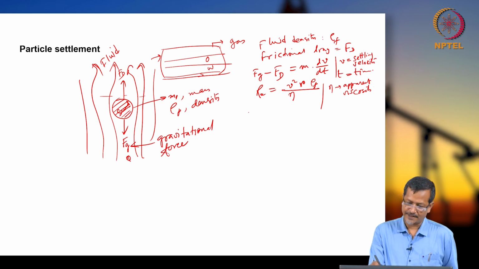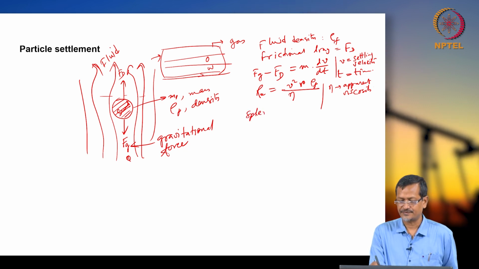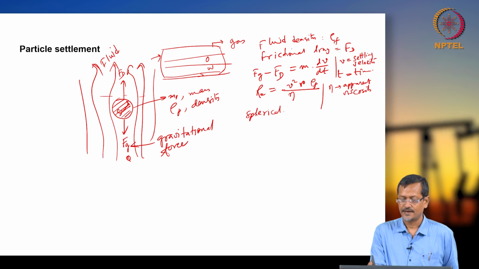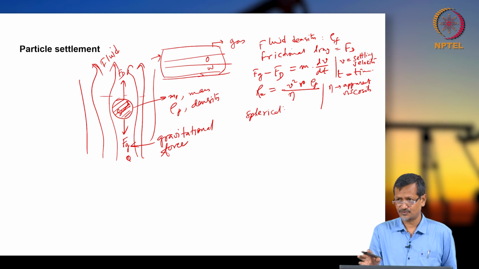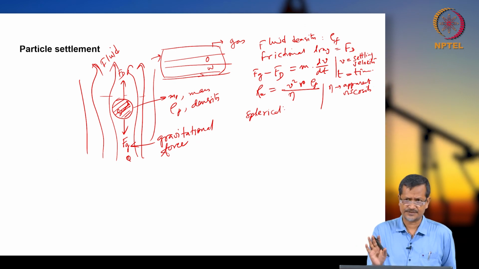We are assuming a spherical particle. If we assume another shape of particle, there will be some shape factor, so for simplicity just assume it is spherical.